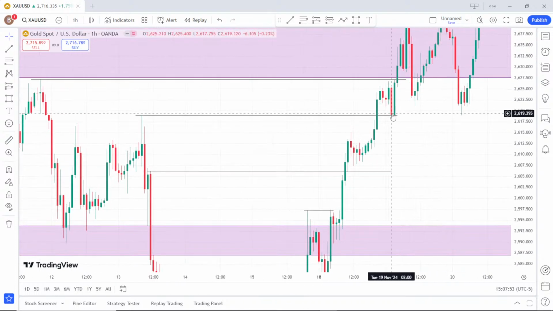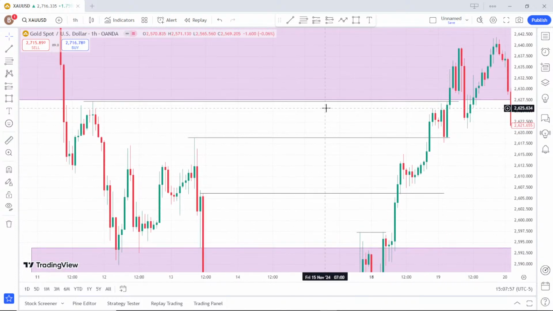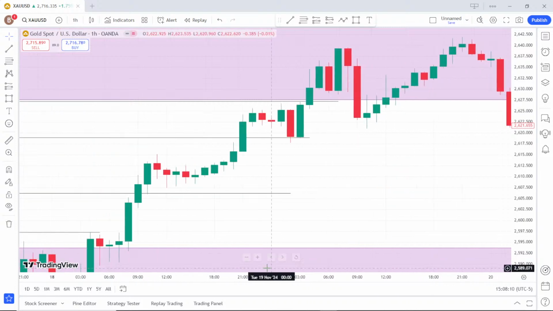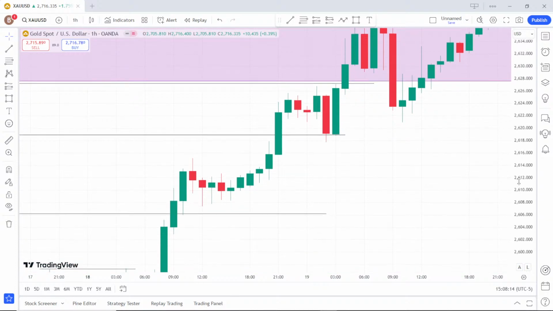Now, another beautiful day opened. That was Tuesday. They missed during the Asian session and before London opened. They missed this particular liquidity point here. Let me open it very well. They couldn't take out that liquidity point.